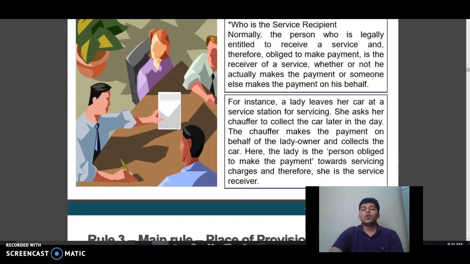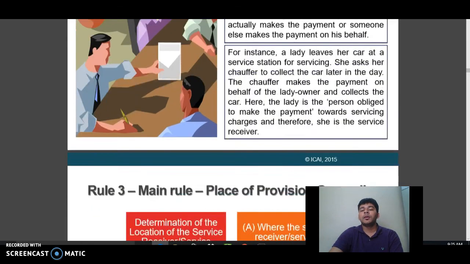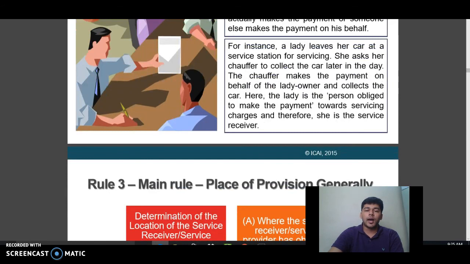Now, who is a service recipient? Normally, a person who is legally entitled to receive the service and therefore obliged to make the payment is the recipient of service, whether or not he actually makes the payment or someone else makes it on his behalf. For instance, a lady leaves her car at a service station for servicing. She asks her chauffeur to collect the car later in the day.